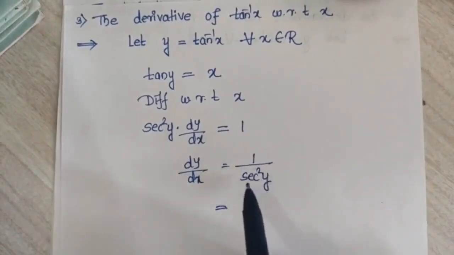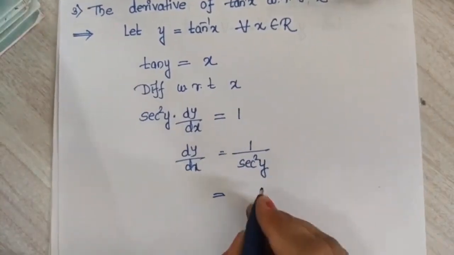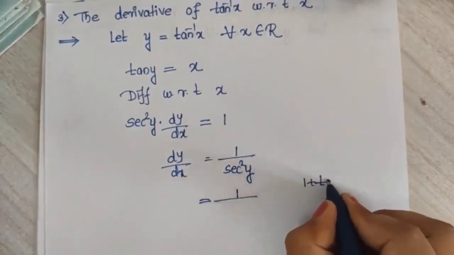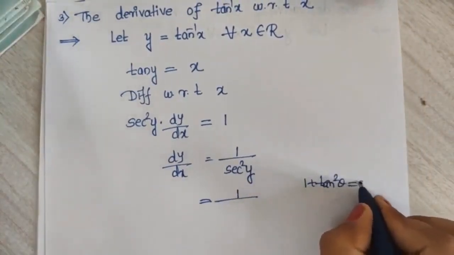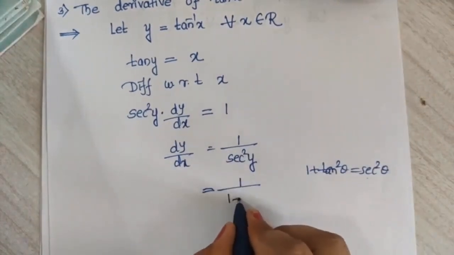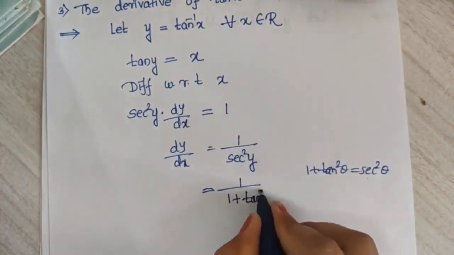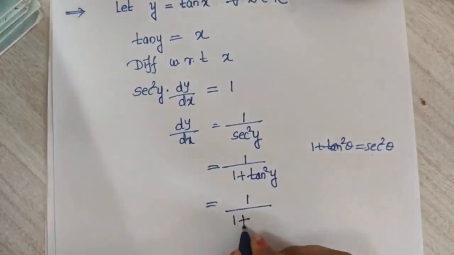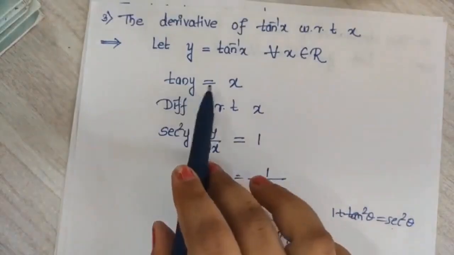So I'll write this sec square y value in terms of tan. There is another identity you learnt in first PUC, 1 plus tan square theta is equal to what? Sec square theta. So what can I write? Sec square y means 1 plus tan square y. Now this is equal to 1 divided by 1 plus, what is tan y? x.